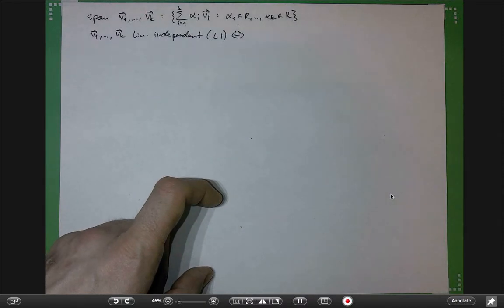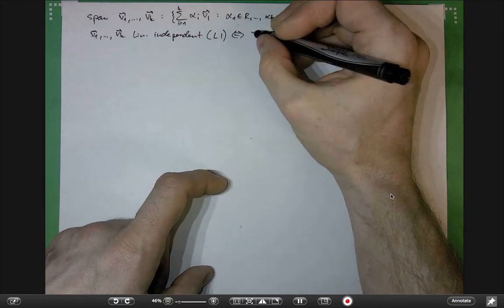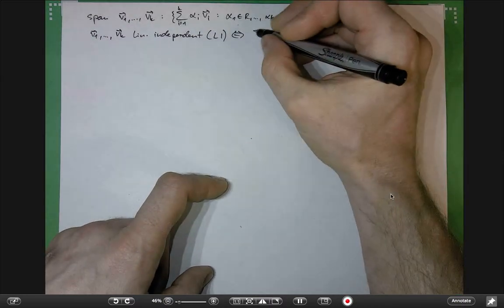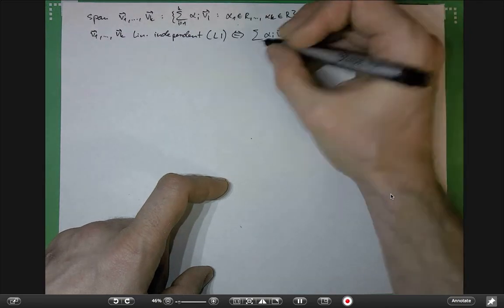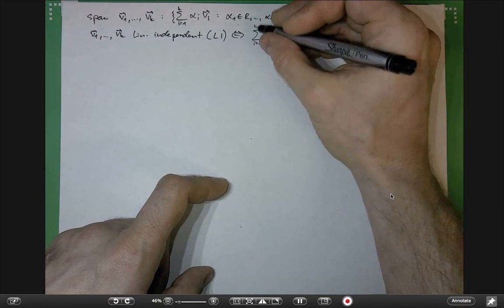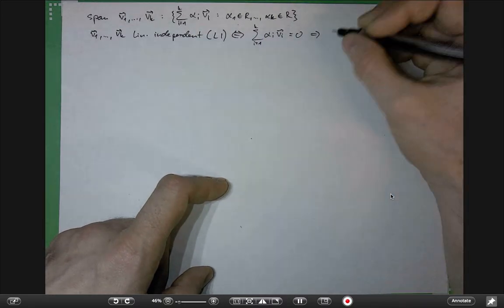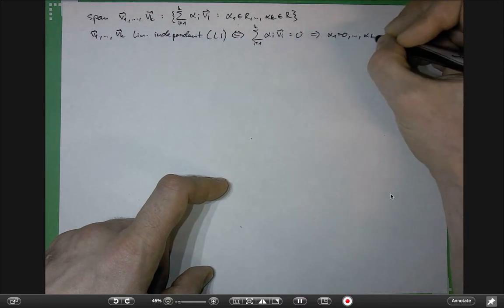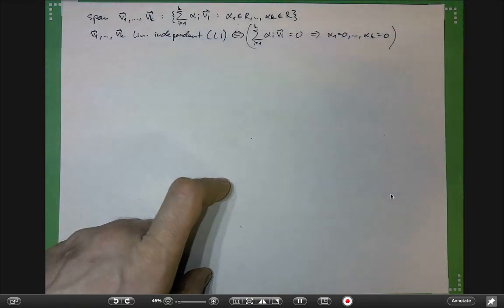It's when the only linear combination of them that forms a zero vector is the trivial one. Exactly. One way you can formulate it is that if this linear combination gives me 0, then this implies that all of these alphas must be zeros.